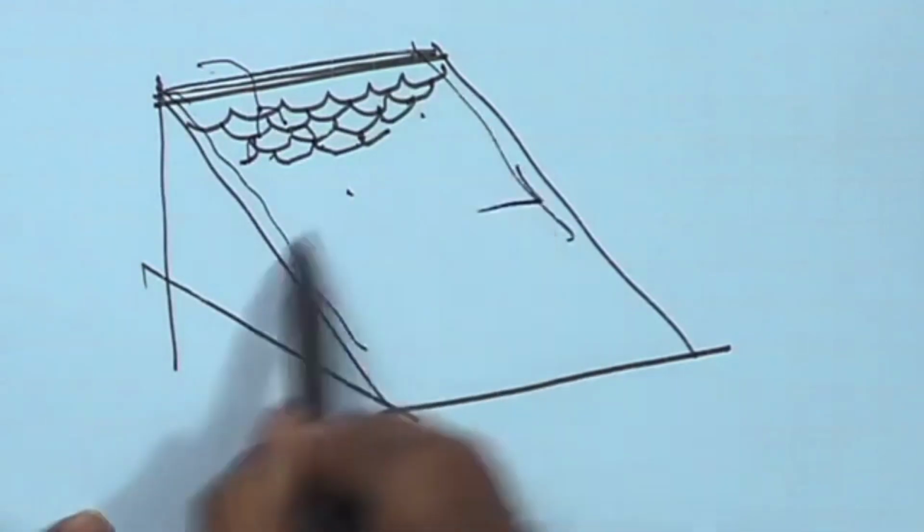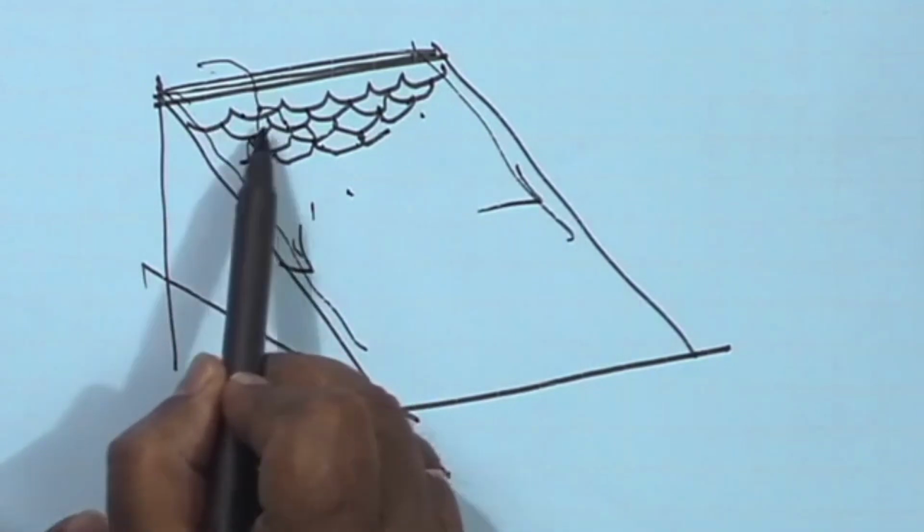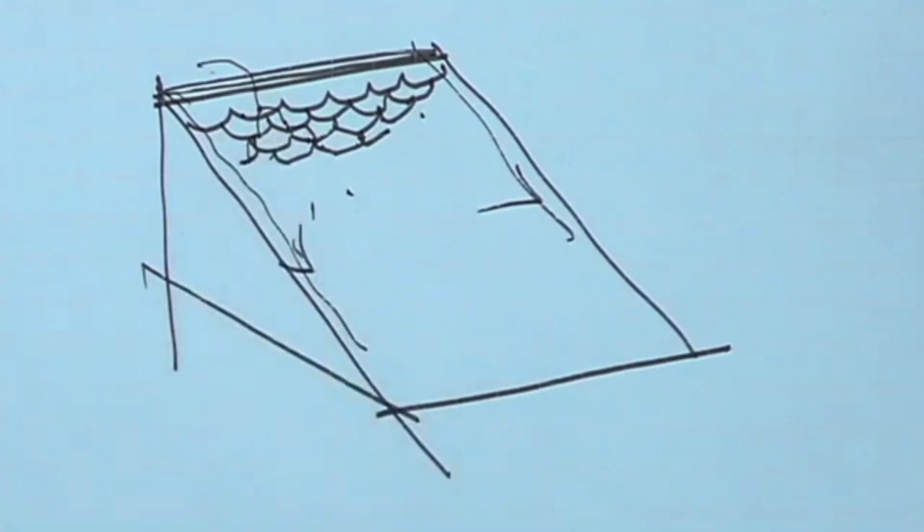So, when this water flows down, it falls from one to the next, to the next, to the next. So, naturally it breaks the water into small droplets. Once it breaks the water into small droplets, naturally the small droplets get absorbed by the air, and then ultimately the air temperature gets reduced. This is a wonderful way of cooling.